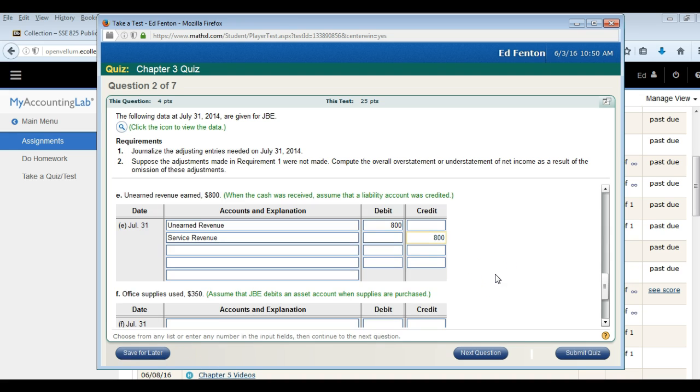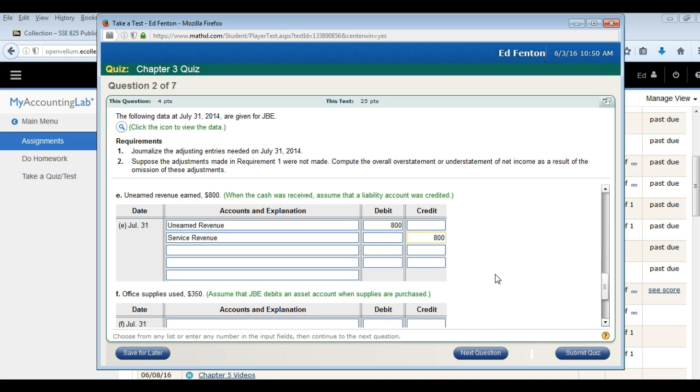On this entry, it increased revenue, which will increase net income. If this entry was not made, then income would be understated. So if you don't record an expense, net income is overstated. If you don't record a revenue, net income is understated.